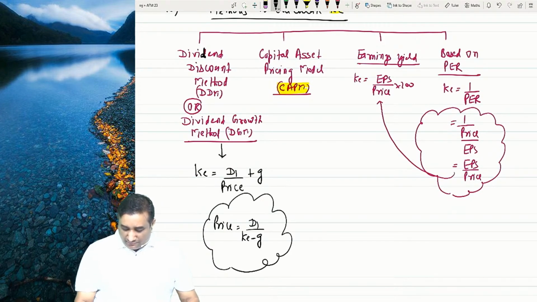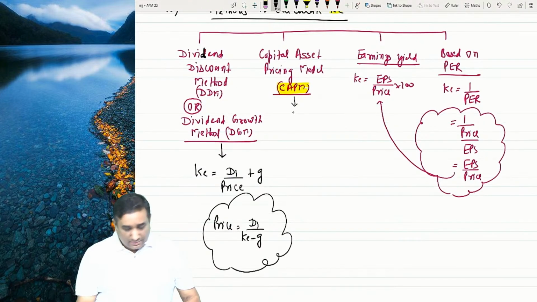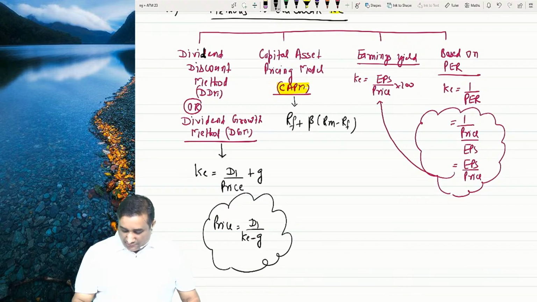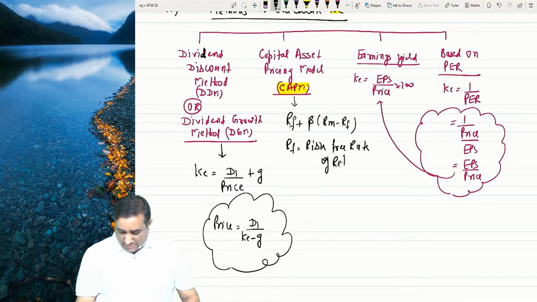Anyone who remembers a CAPM formula, please? Anyone who remembers? Rf plus beta into Rm minus Rf. Rf stands for risk-free rate of return. Just copy that down. We'll discuss in detail.